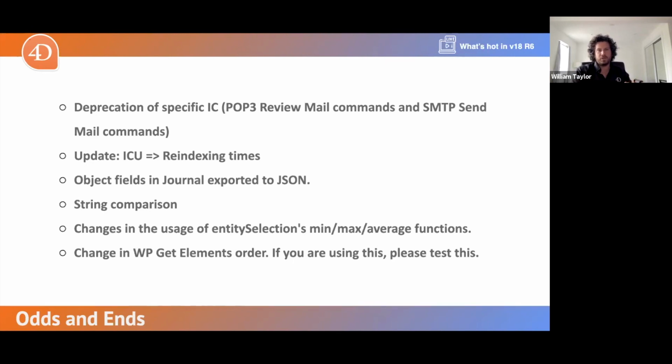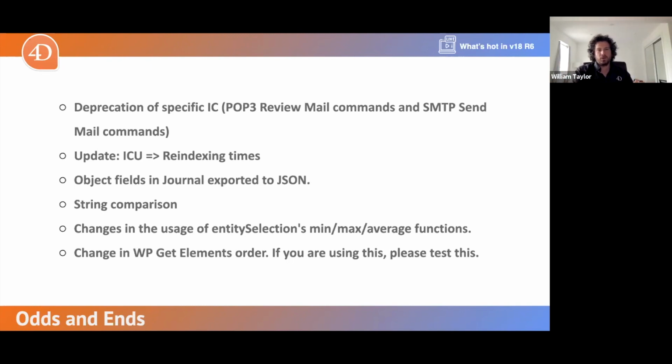So that's a little bit of a change. And if you're using the command WP Get Elements, the elements being returned are the same elements, but now they're in document order, not in the order of their internal ID.